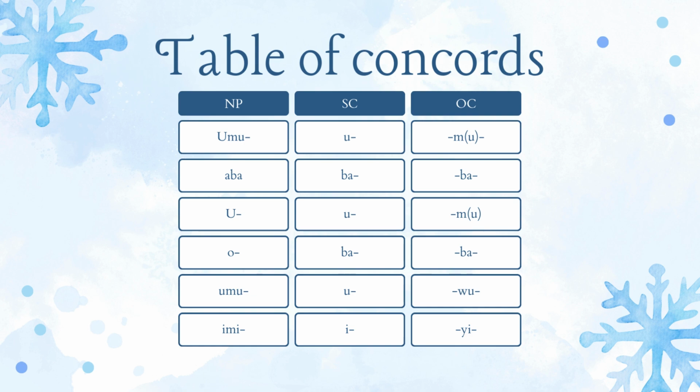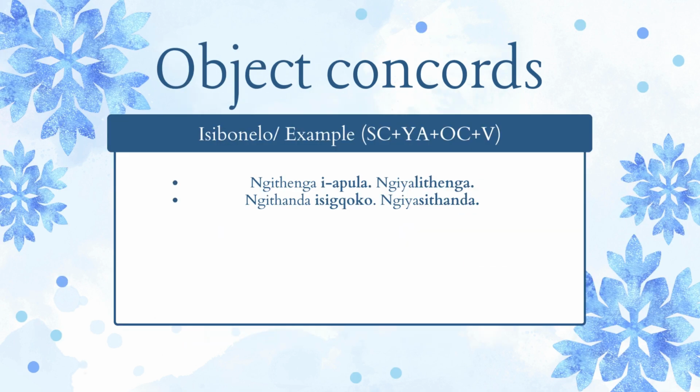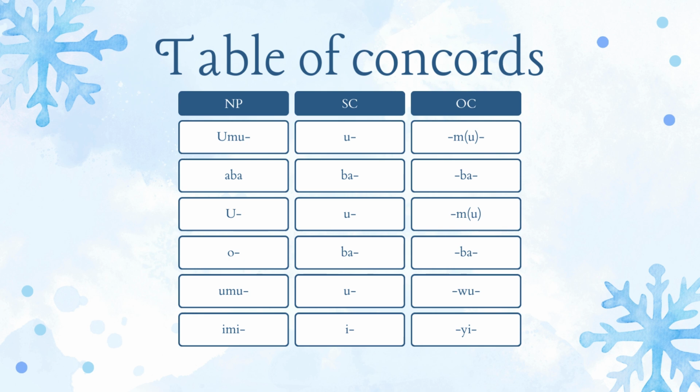So we've got umuntu. Now I want to use it as an object concord in that sentence, which says ubaba uthanda umuntu. Remember, our formula is subject concord plus ya plus OC plus V. The object concord is mu.